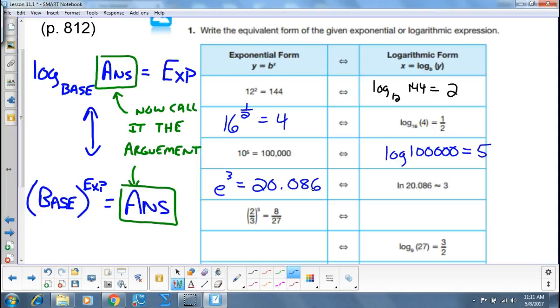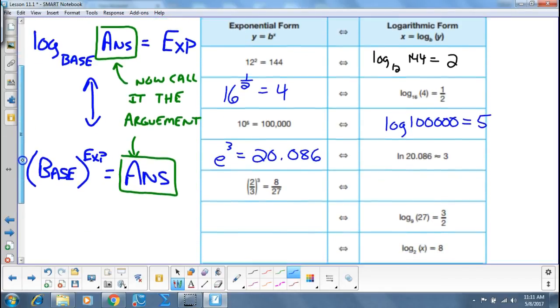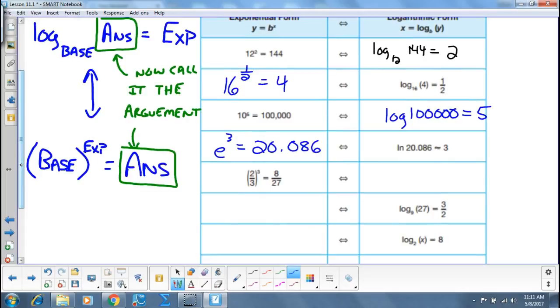Okay. Next one. We got Shane. Log base 2/3 of 8/27 equals 3.